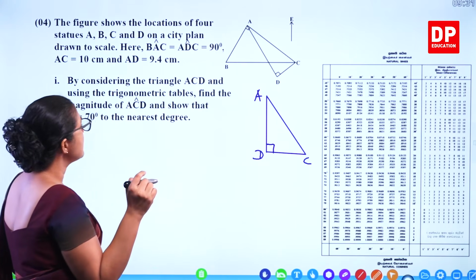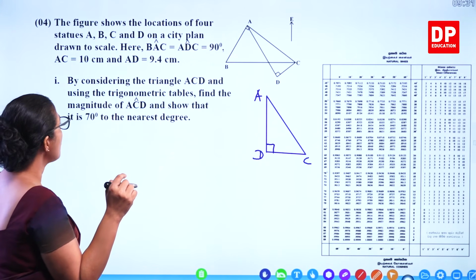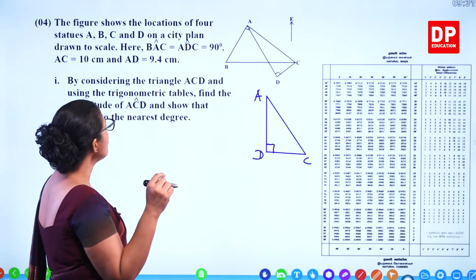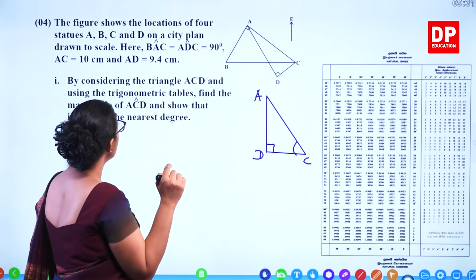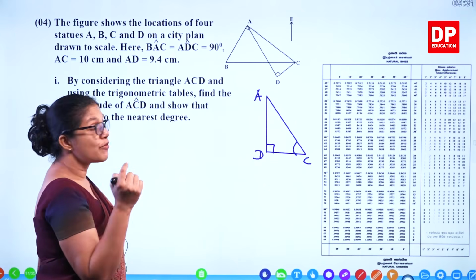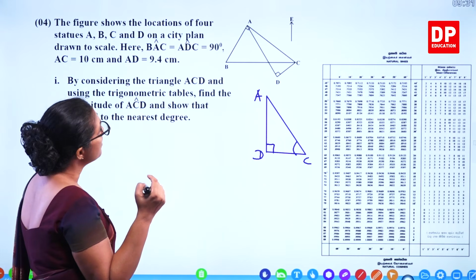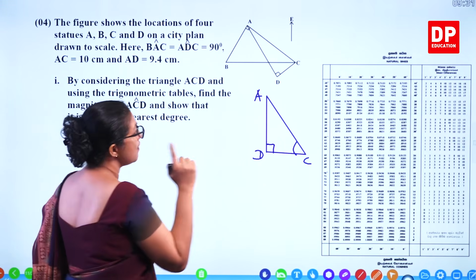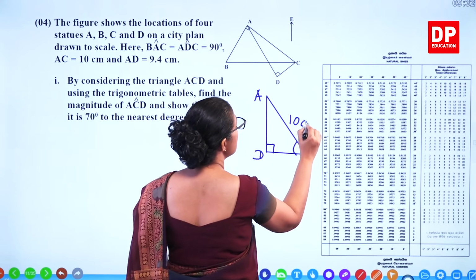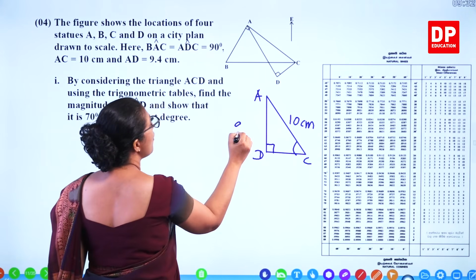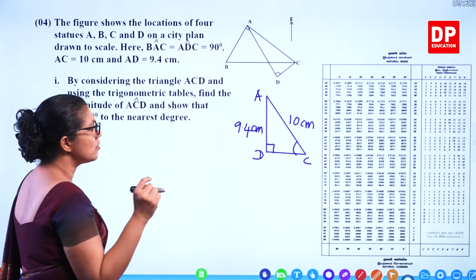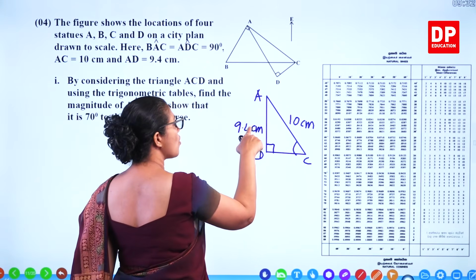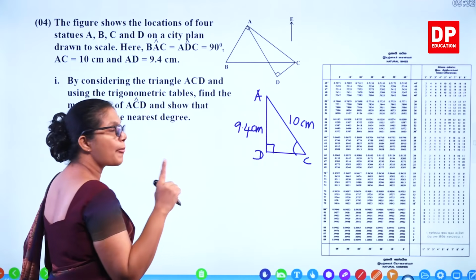By taking triangle ACD and using the trigonometric tables, find the magnitude of angle ACD, and show that it is 70 degrees to the nearest degree. So AC is given 10 centimeters and AD 9.4. So to this angle, this is opposite and this is hypotenuse.